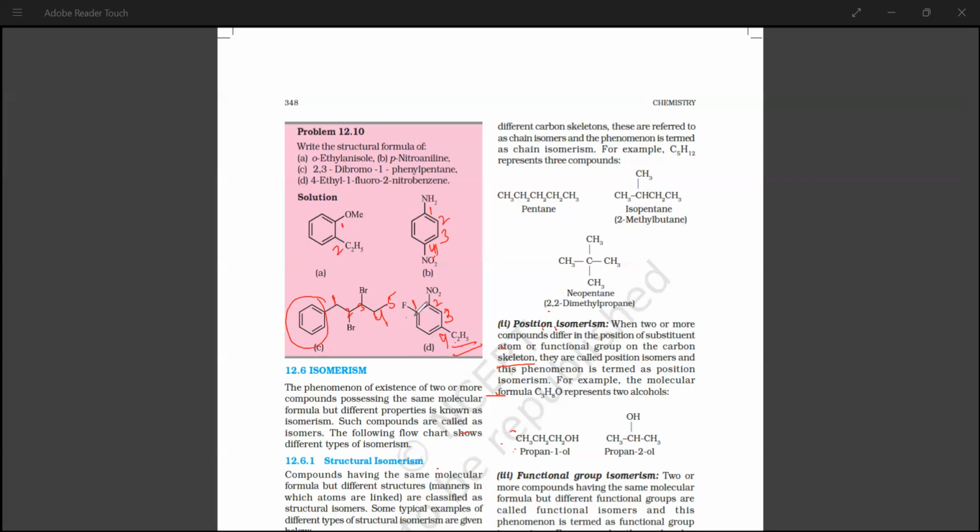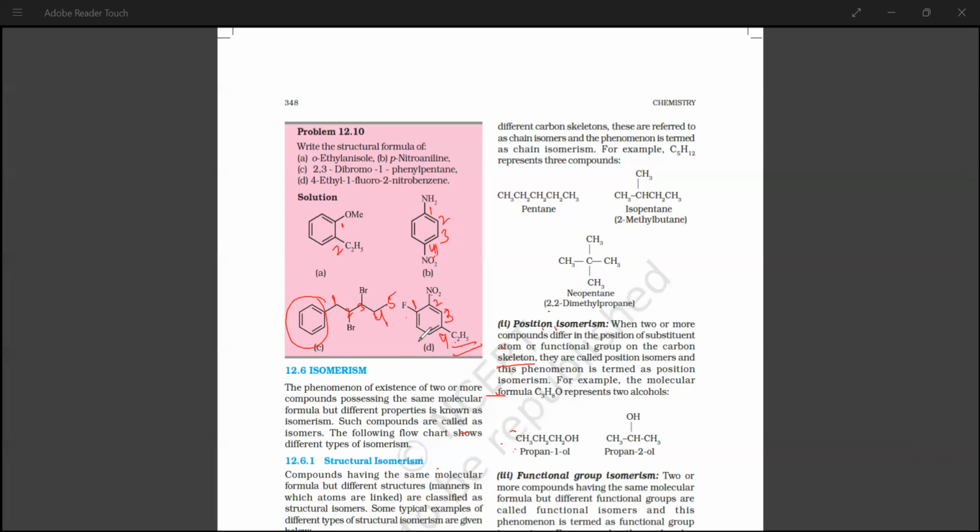So 4-ethyl-1-fluoro-2-nitrobenzene. This will be the IUPAC name of these compounds. So this is all about the IUPAC nomenclature, not only IUPAC nomenclature, but common system of nomenclature of all these organic compounds is over.